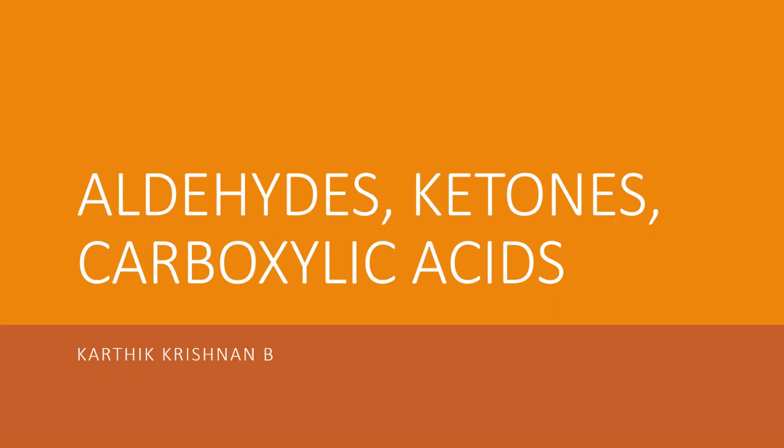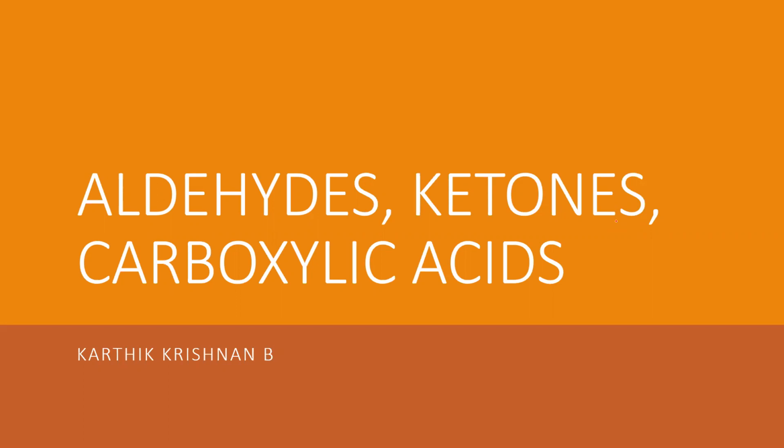Namaste. In the previous two chapters, we looked at compounds that contain a halogen as a functional group and compounds which contain an OH group as a functional group. In the next set of compounds, we will look at compounds which contain a carbonyl group as a functional group. Now, what is a carbonyl group?